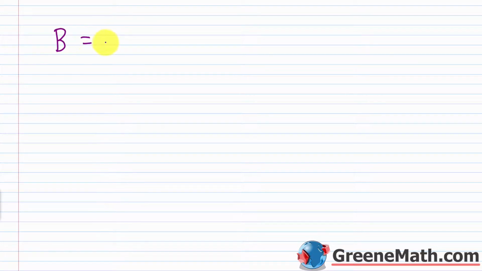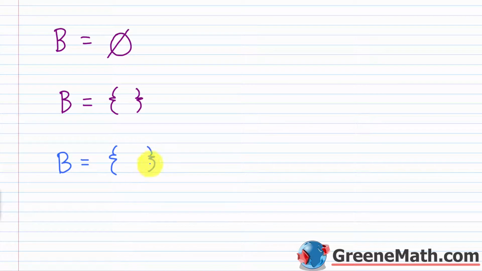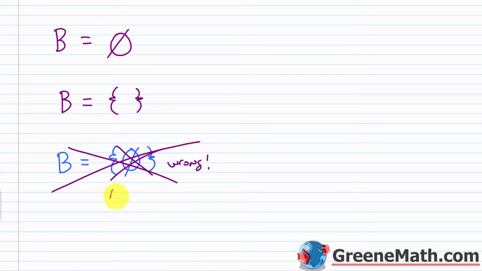So we can say that this set can be denoted by the symbol for the empty or null set. Or you could also say B is equal to this. But again, you cannot say that B is equal to, inside of set braces, placing this symbol in there. That, again, is wrong. Do not do that. No.